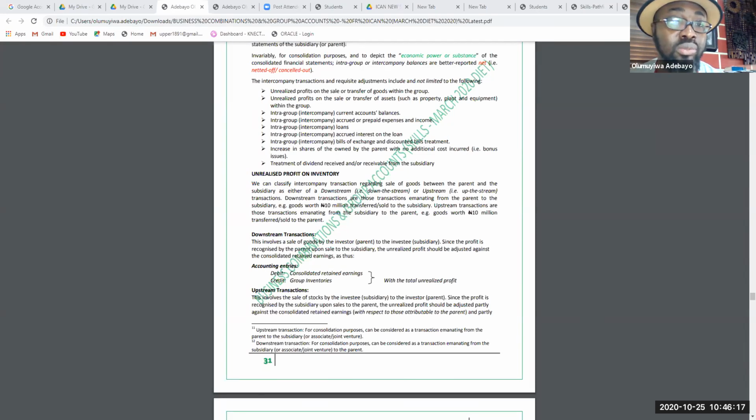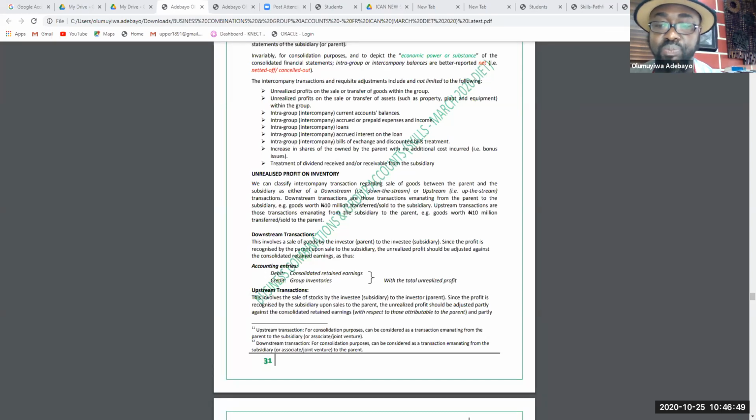Our concern is to say this 2 naira, we have to more or less analyze it into realized and what? Unrealized. Now, the word realized means that the subsidiary that bought these goods for 12 naira, are you sure that the subsidiary has sold them or they remain what?